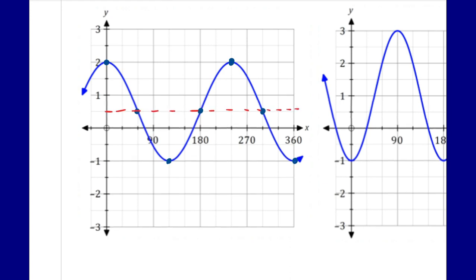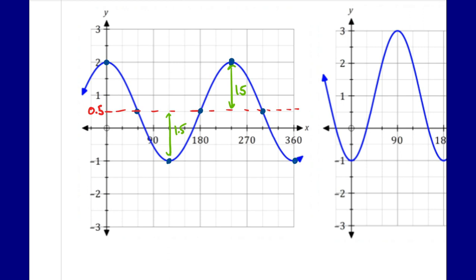This line is at 0.5. We can find our amplitude, which in this case is from 0.5 to 2, or 1.5, or from 0.5 down to -1, which is 1.5 as well.